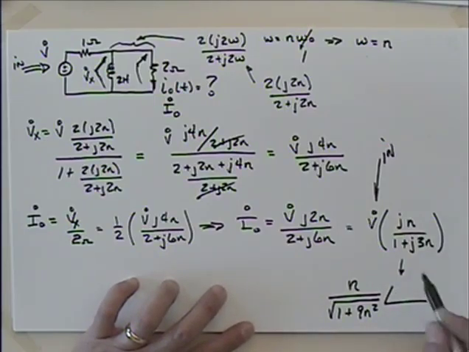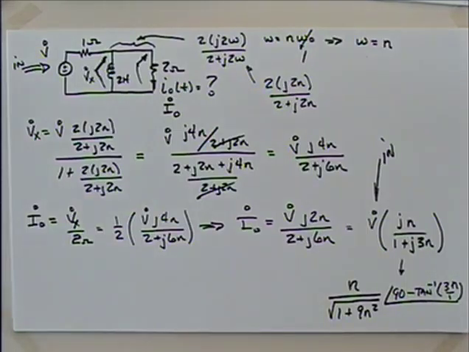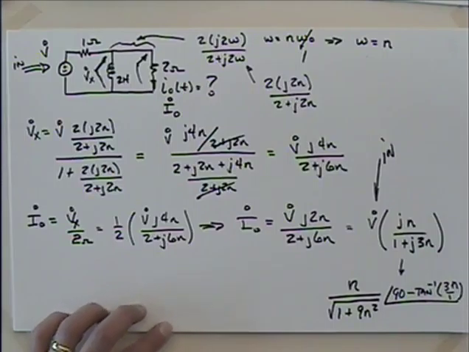The angle of the numerator, because it has a j, that's 90 degrees, right? And then I have to subtract, because it's in the denominator, the angle of the denominator. What's that going to be? 3n over 1. Everyone's okay with that? Okay. Angle of the numerator, 90, because it's j. Angle of the denominator, arctangent of the imaginary portion over the real portion.